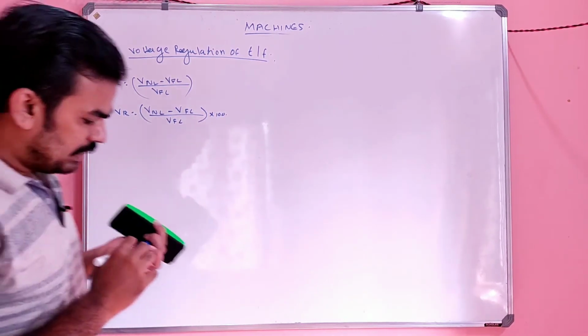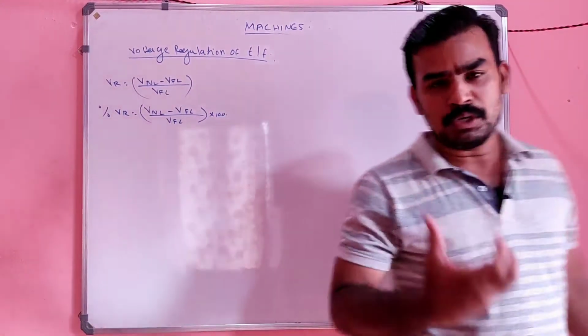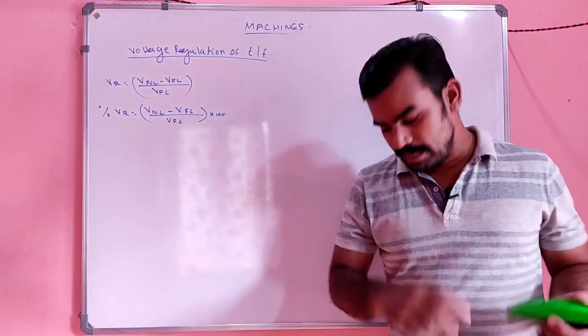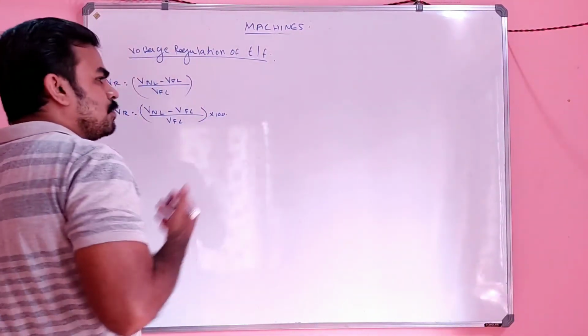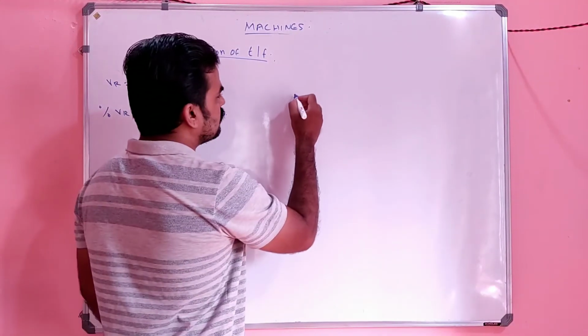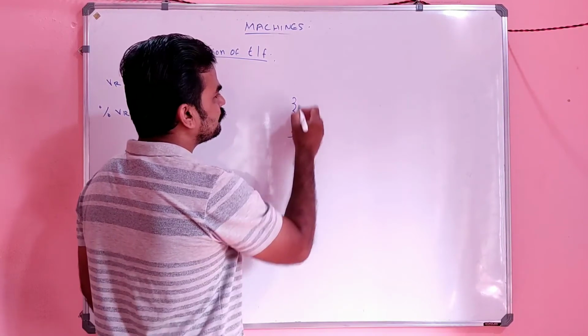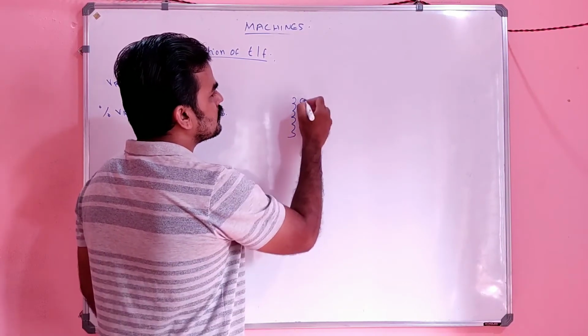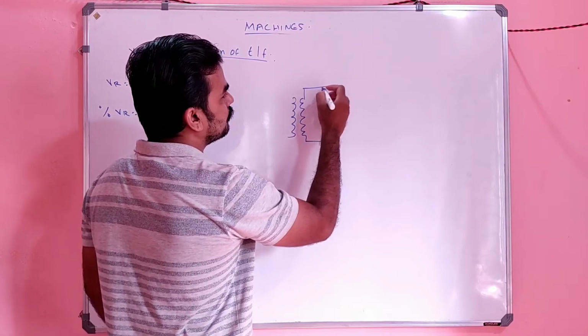So what is the real or physical meaning of the word voltage regulation? Let's do this. A transformer is also considered as an electrical circuit. Suppose this is the secondary. Consider only the secondary section.